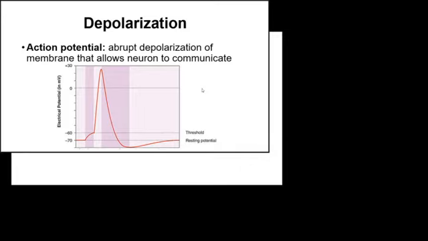So we just use that general rule of thumb. And here, our threshold is minus 60, because our standard average threshold is going to be 10 more positive than your resting potential, more or less. And so once we cross that threshold, we trigger that action potential.